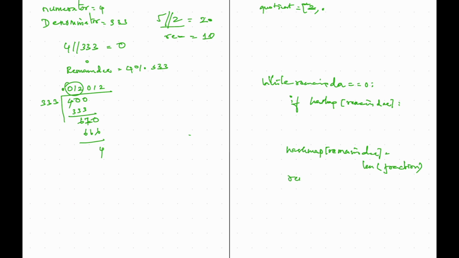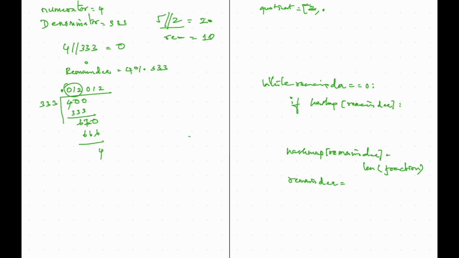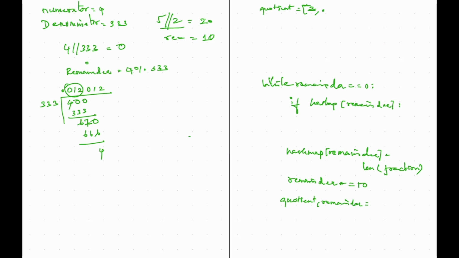Now for the remainder: we have appended the dot, so every time we add a 0 at the end. To add 0 at the end, we do remainder multiplied by 10. Now we again get the quotient and remainder with the denominator.